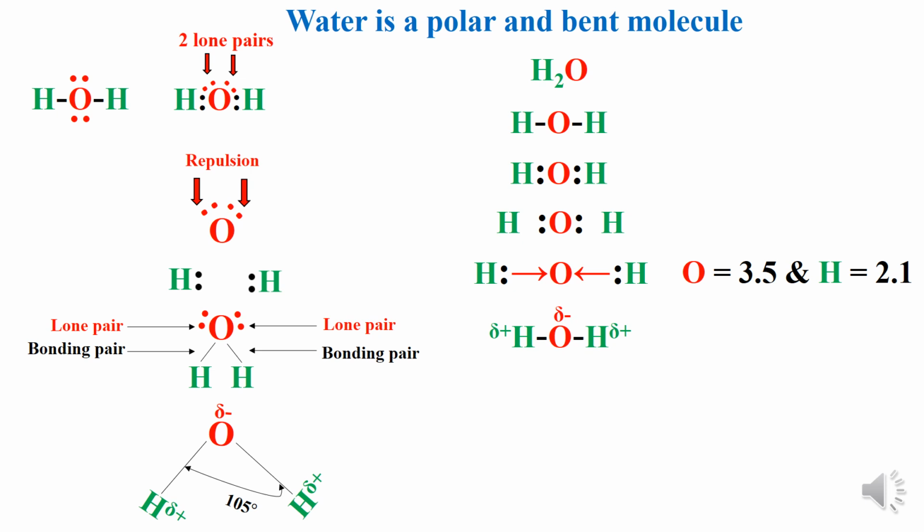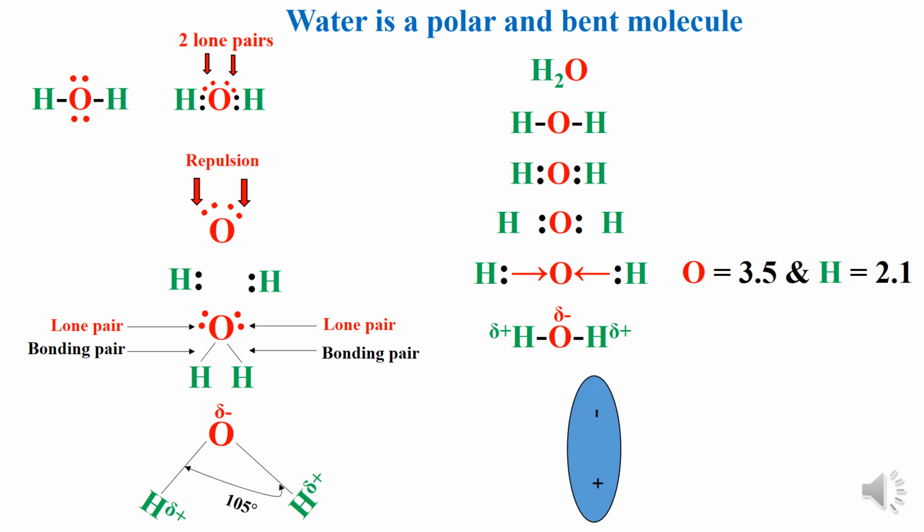The water molecule has taken up this shape in order to minimize the repulsion between the lone pairs of electrons and the bonding pairs of electrons. This leads to a V-shaped molecule with a bond angle of 105 degrees, which is very close to that of the tetrahedral geometry, that is 109 degrees.